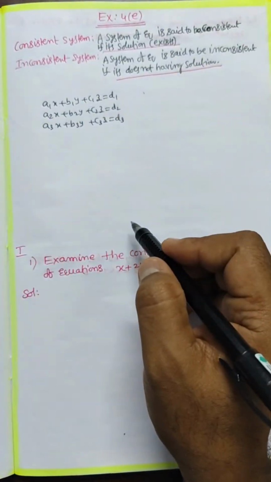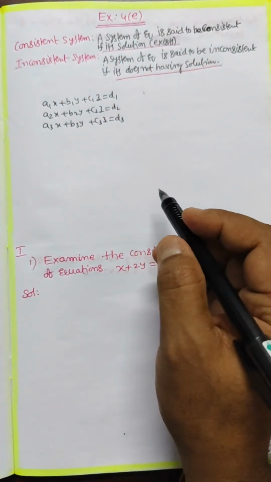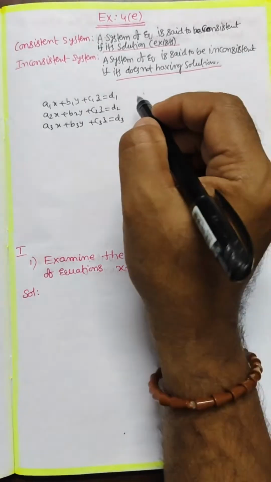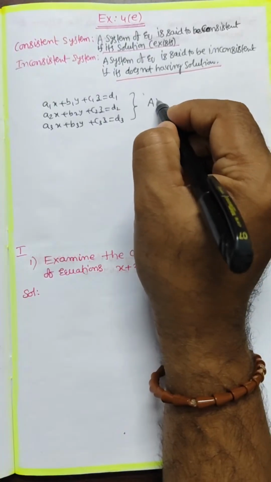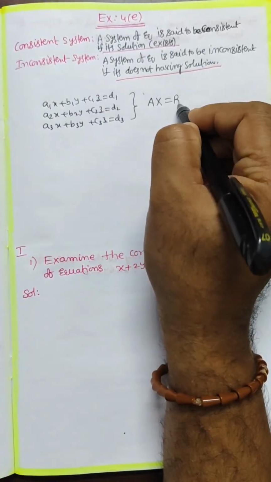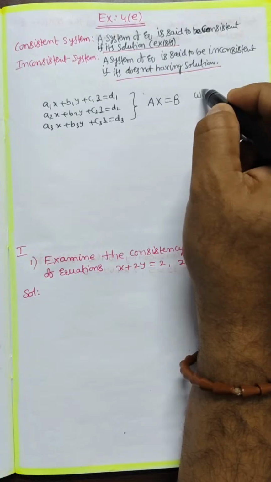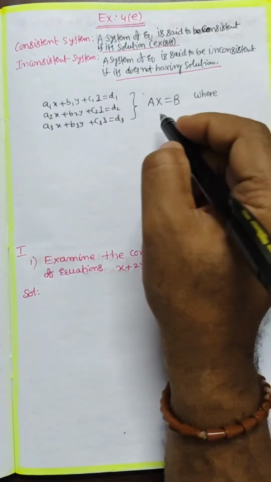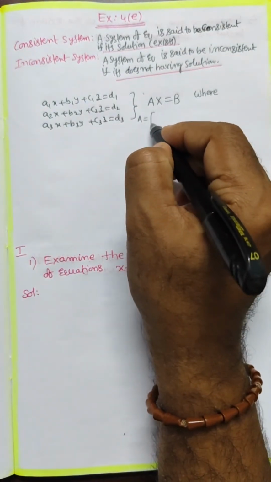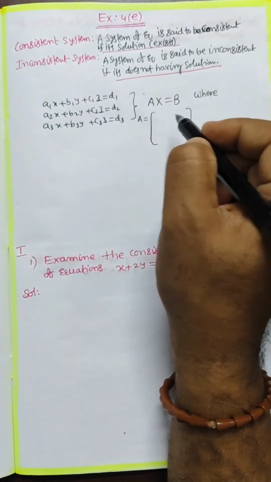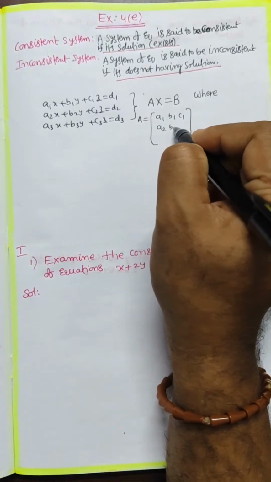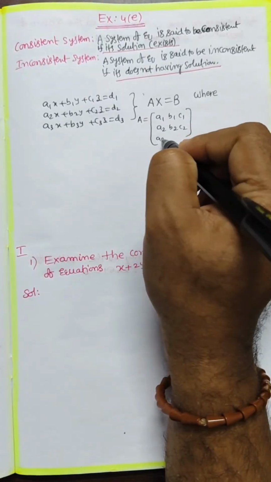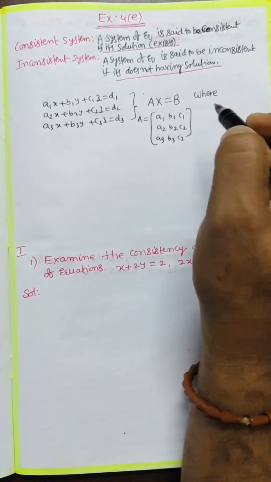This system can be written in AX equal to B form, where A is the coefficient matrix a1, b1, c1, a2, b2, c2, a3, b3, c3.